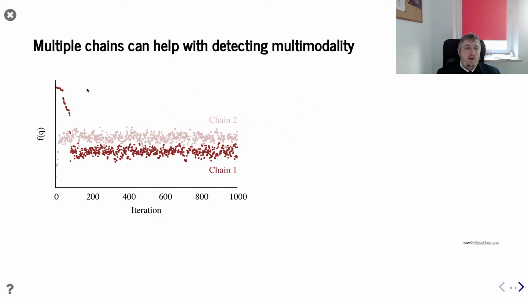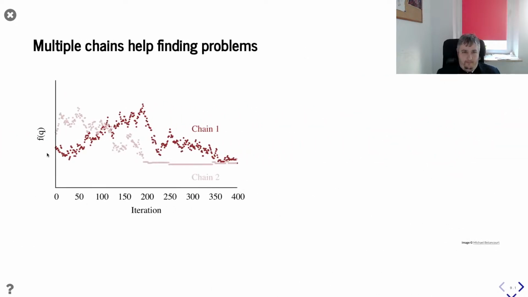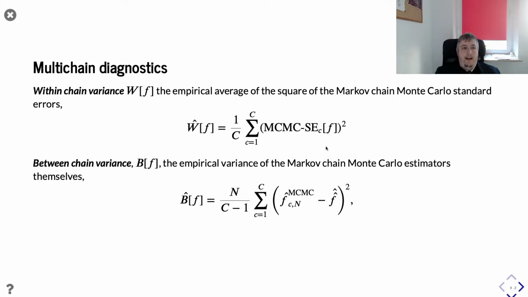So if we initialize our chains in different places, we can get more information. And they can also capture other situations, for example the freezing that might not be observed for one initialization but happens in another.